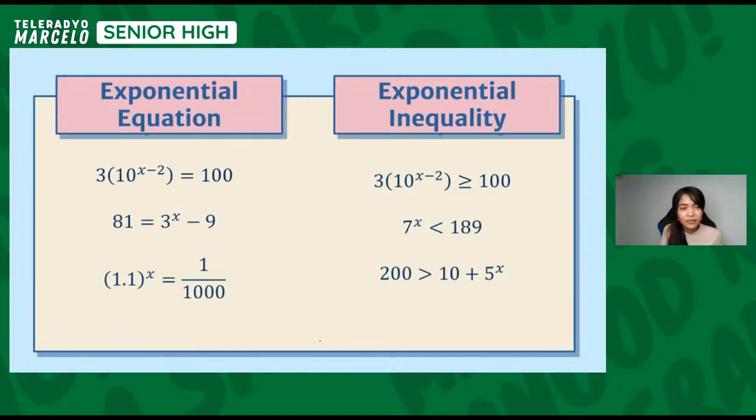As you can see, kahit saan kayo tumingin dito, isang variable lang ang makikita natin from each example. Also, we can observe that the variables are only seen on the exponent. So they are used as exponents. Those are the similarities between exponential equation and inequality.